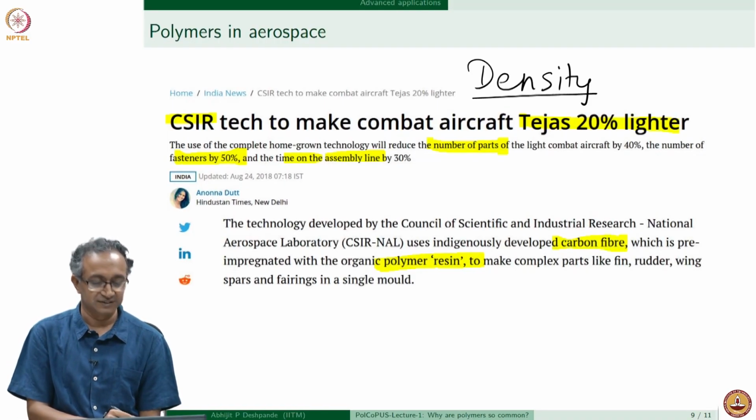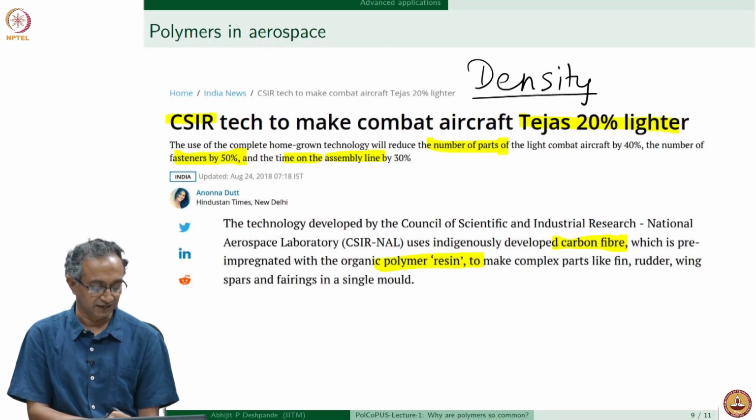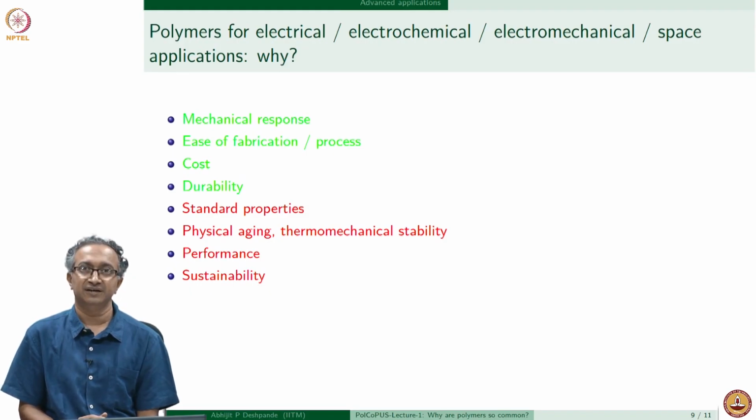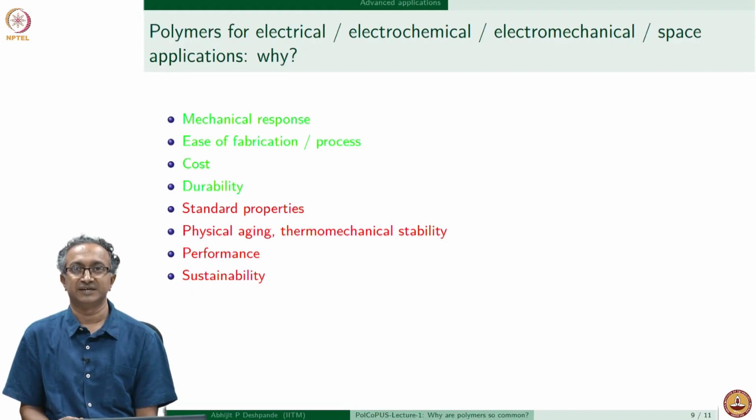So given these day-to-day applications as well as advanced applications, the overall point is the following, that there are many advantages of polymers and then there are significant disadvantages also. And we have to keep all these in mind while using these polymers for both these sets of applications, day-to-day as well as advanced applications.